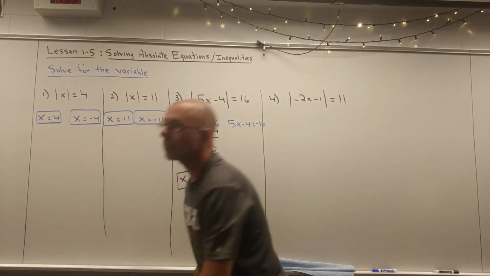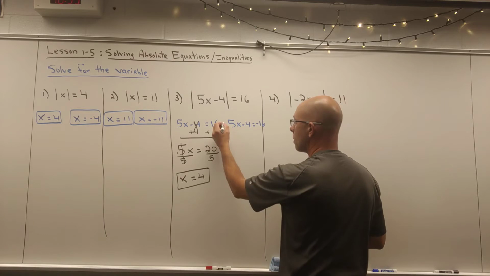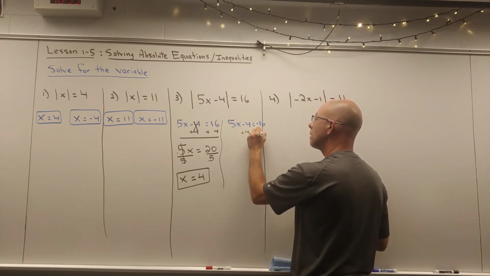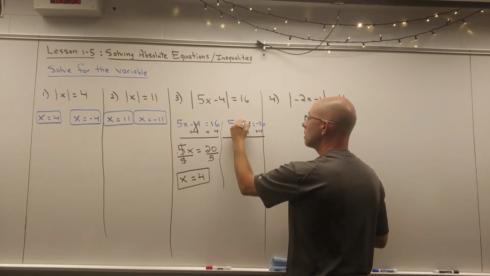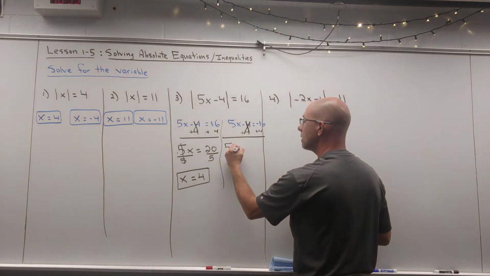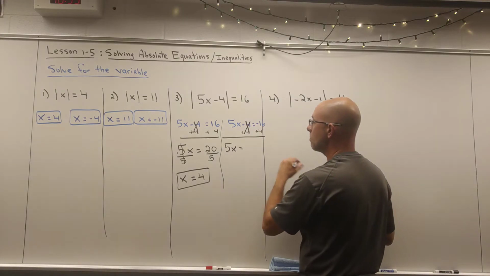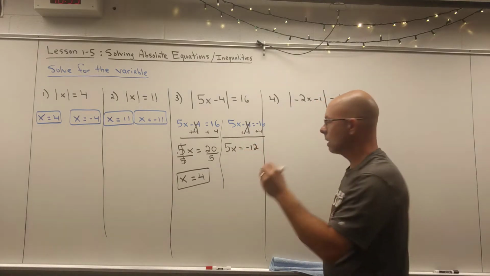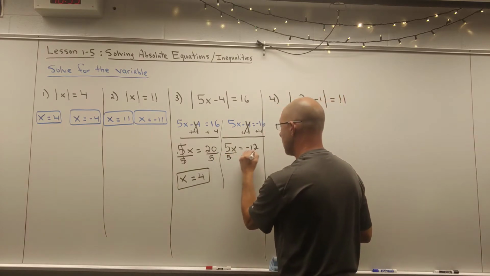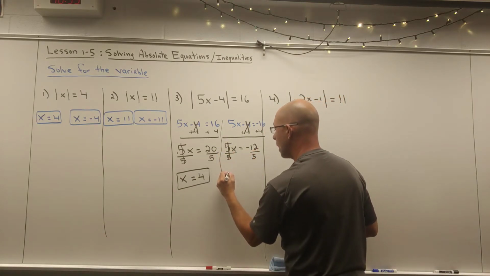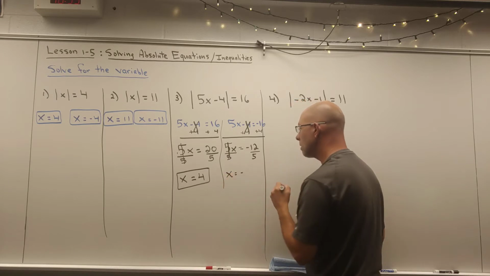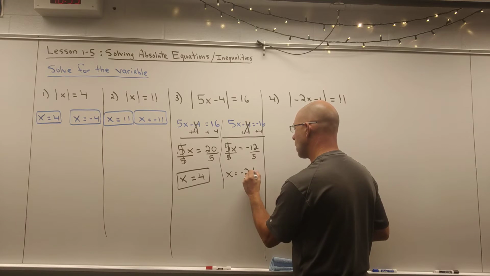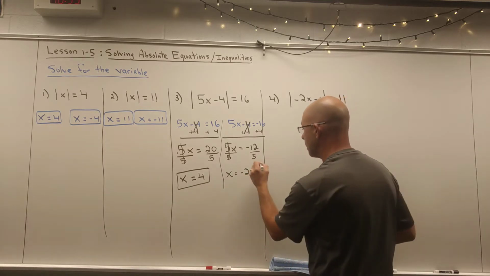This other piece right here, I add 4. That cancels. I get 5x equals negative 16 plus 4, which is negative 12. Divide both sides by 5, and I get x equals negative 12 divided by 5, which is negative 2.4 exactly.